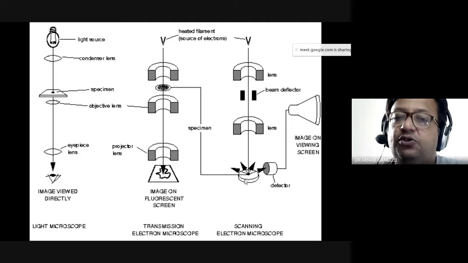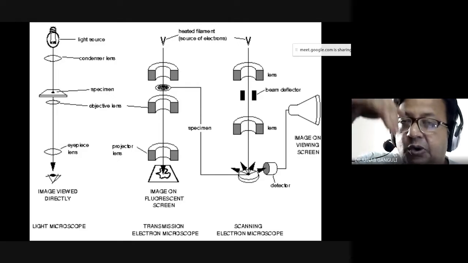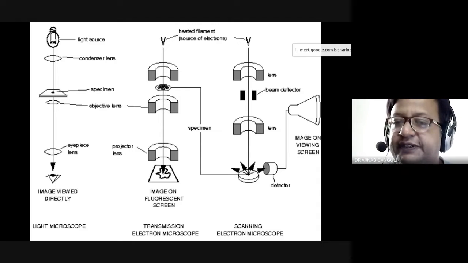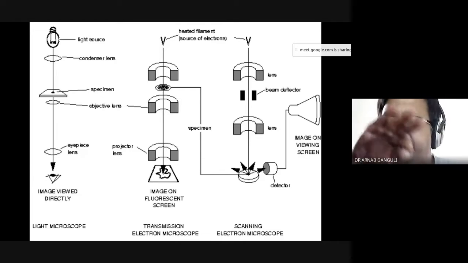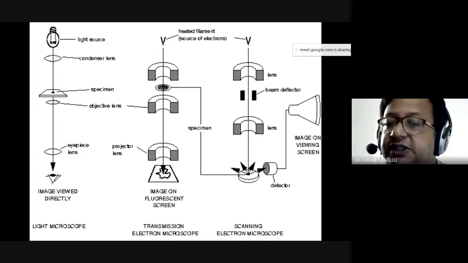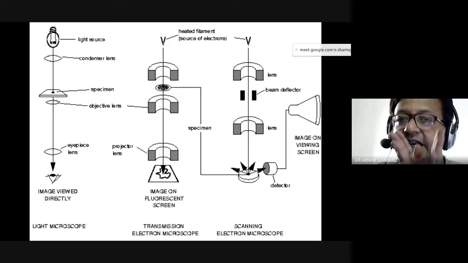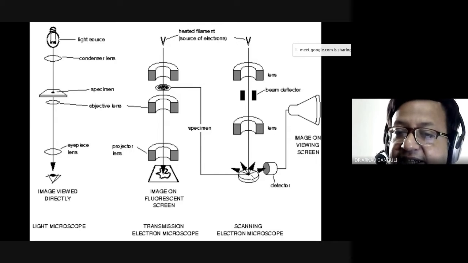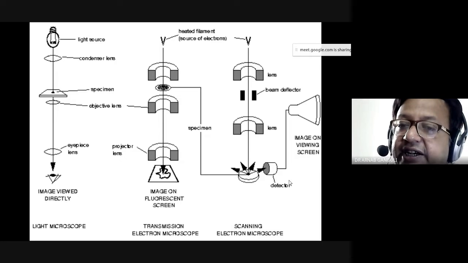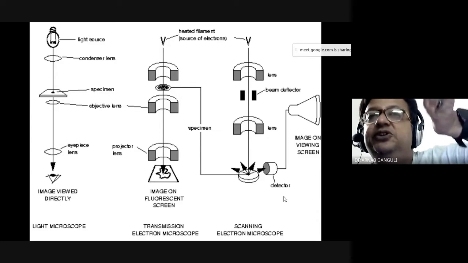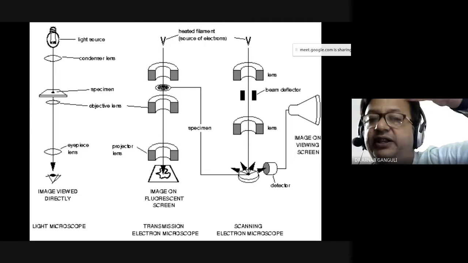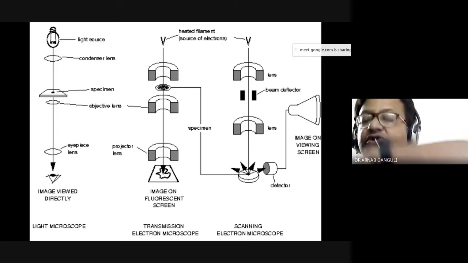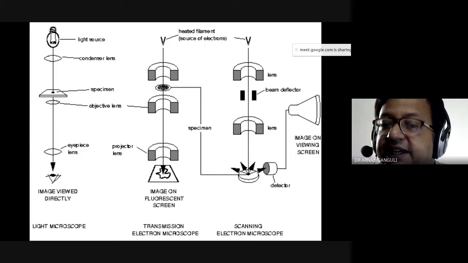One group of electrons is actually magnified, and you want to see how the surface feature is, how high and low it is. Depending upon the roughness or the irregularities on the surface of the specimen, the electrons are scattered, and these scattered electrons are detected and viewed. So because of these scattered electrons, you get an image where you can know the surface features, how uneven it is. You can get that with a scanning electron microscope.